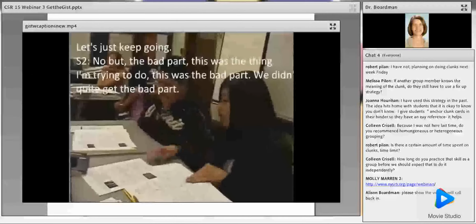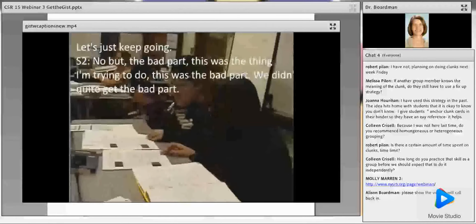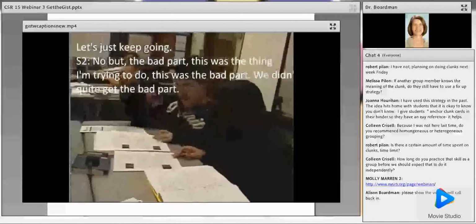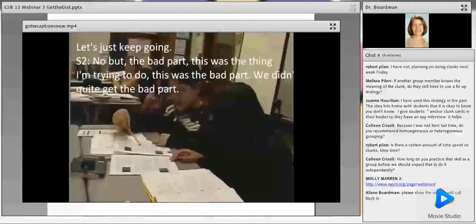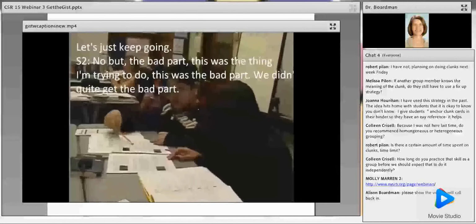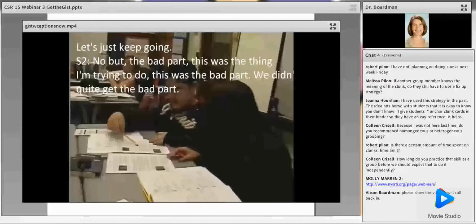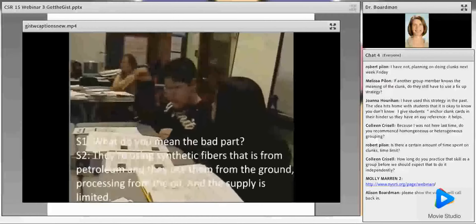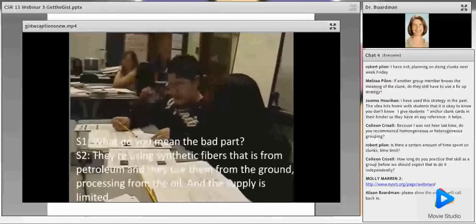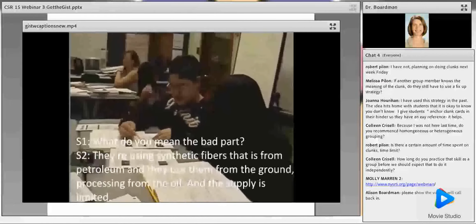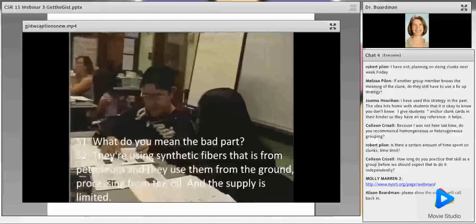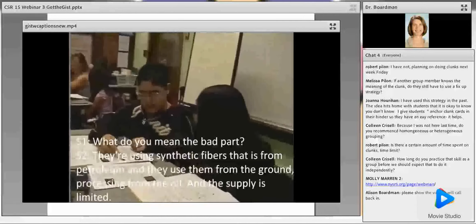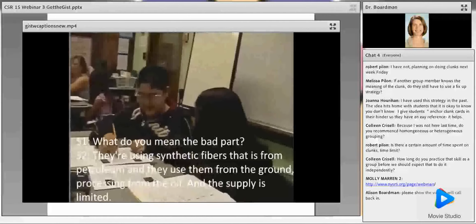Okay, let's just keep on. That part. This was the thing they were trying to do. This was the back part. We didn't quite put the back part. What do you mean the bad part? They're using synthetic fibers that is from petroleum, and they extract it from the ground, processing from the oil, and the supply is limited.